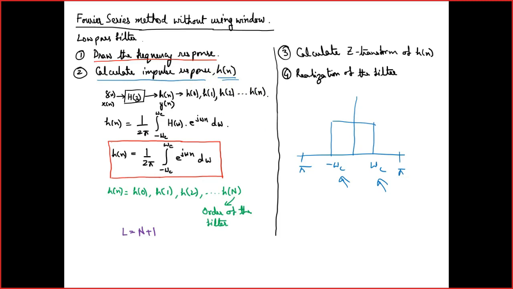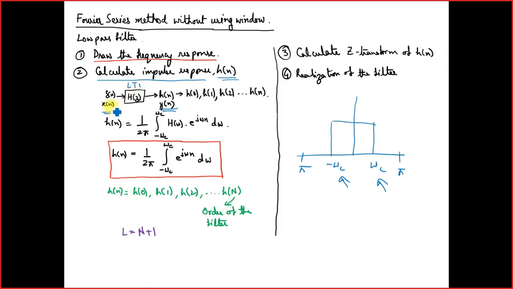Now what is an impulse response? Previously we discussed that suppose we have an LTI system. In the LTI system, if we give x of n, we get y of n, and we have H of z, which is the transfer function.